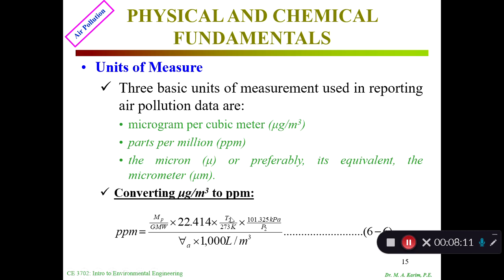T2 is the ambient temperature at which we are taking the sample, and this is the standard temperature, 0 degrees Celsius or 273 Kelvin. This is the ambient pressure and this is the standard pressure. VA is the volume of the air sample we took, and 1000 is a conversion from meter cubed to liter.